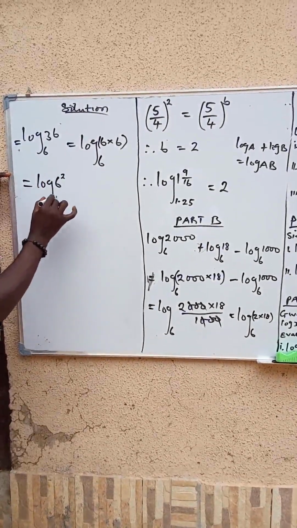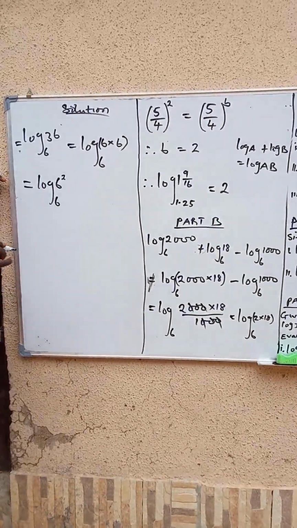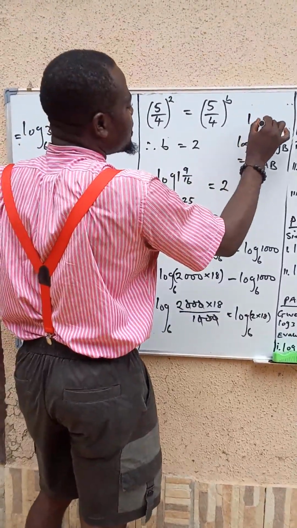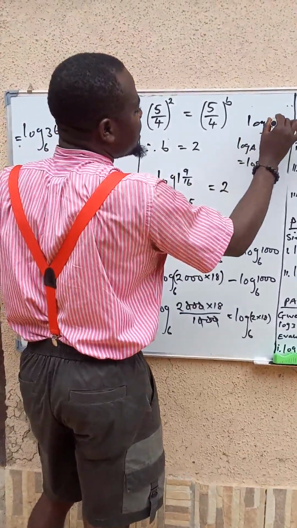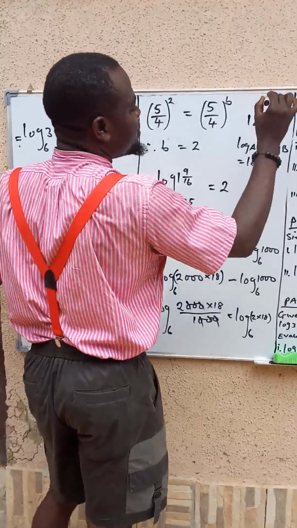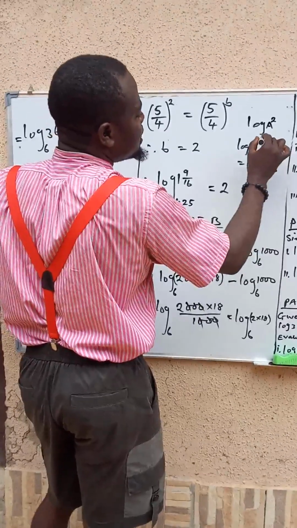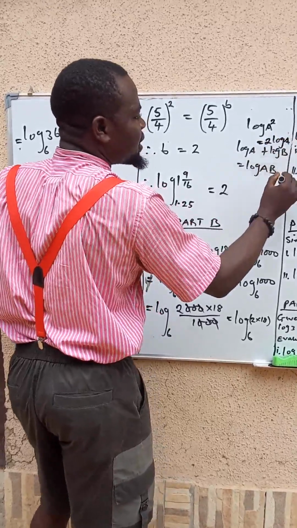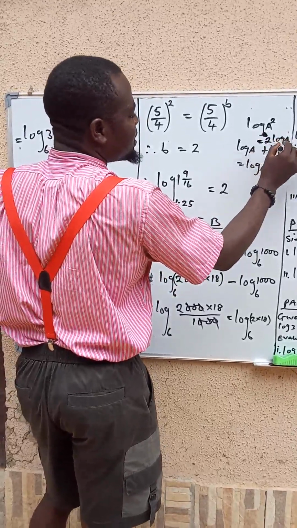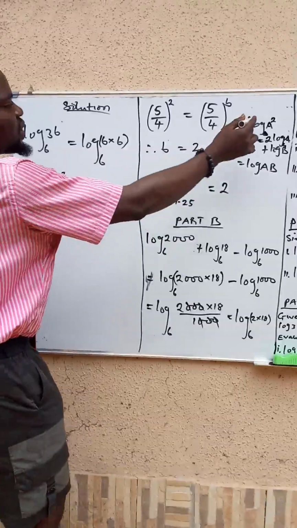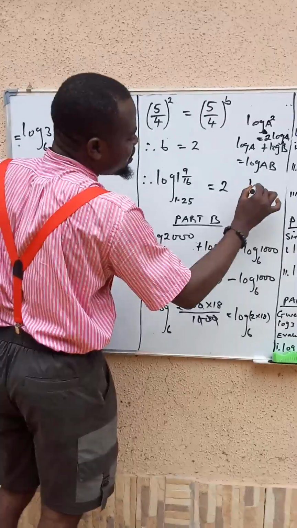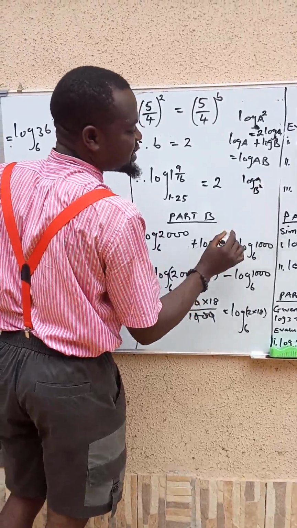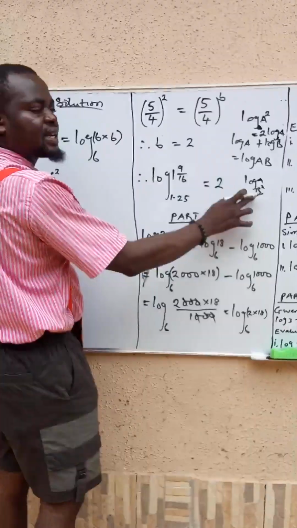So I now have log of 6 squared to base 6. And in law of logarithm, we said that when we have log of a raised to the power of 2, it is the same thing as 2 log a, to base b. But remember, if I have log a to base b squared, that's the base carrying the square.